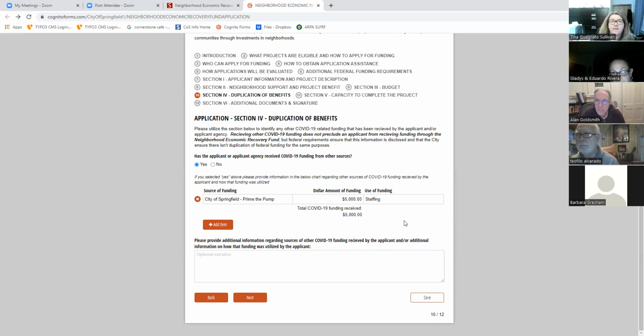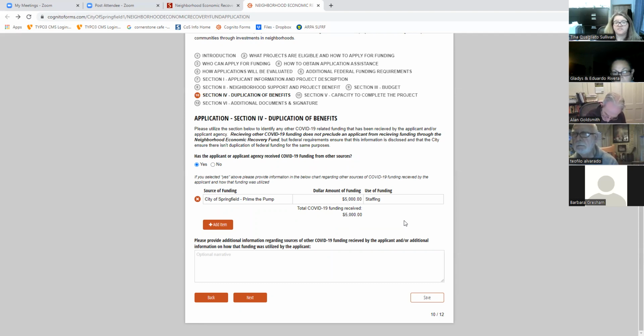So, you know, even if you got a prime the pump grant for staffing, it would have been limited to a certain time period. So it would have been, say, April of 2020 to September of 2020.